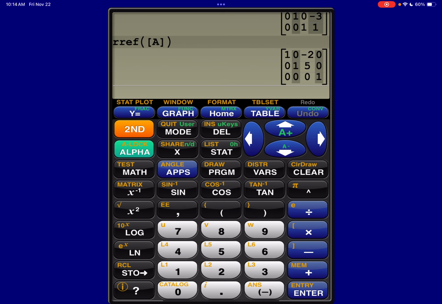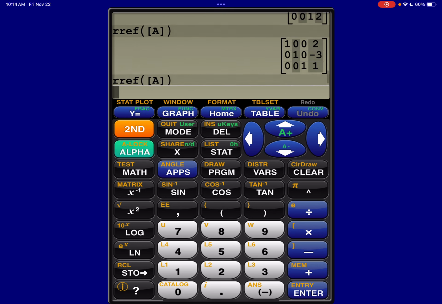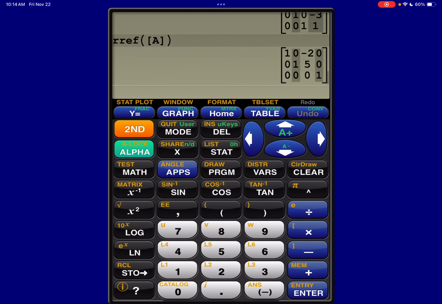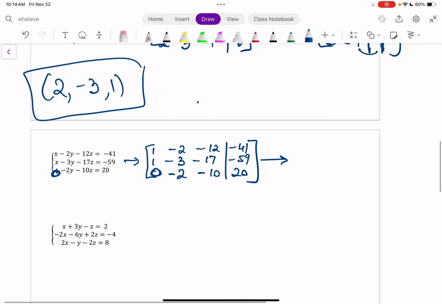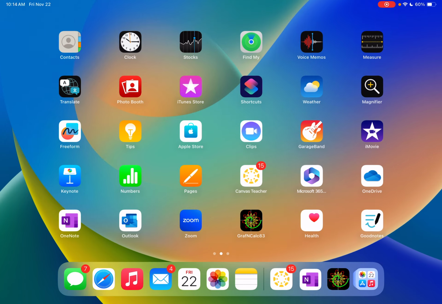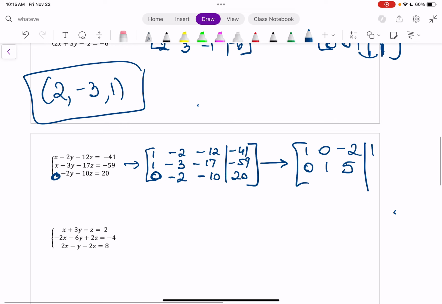Okay. So, as you see, this matrix here is not as pretty with 1s and 0s in the first place. So, let me see if I can copy it down. This is what we got. 1, 0, -2, 1, 0, 1, 5, something, 0, 1, 5, 0, and 0, 0, 0, 1.